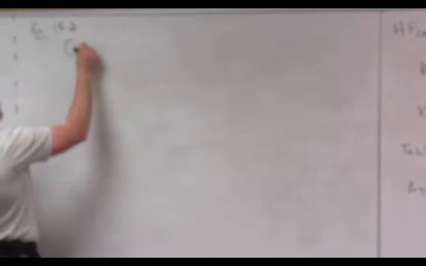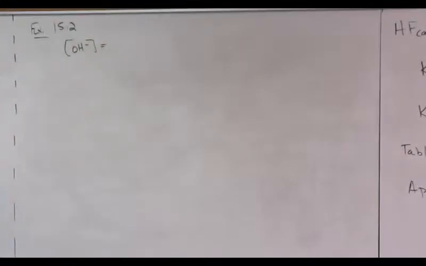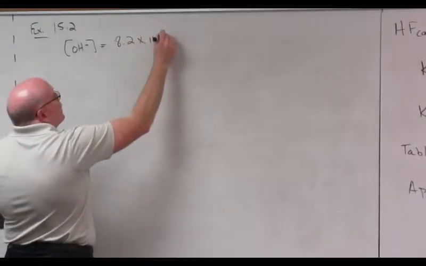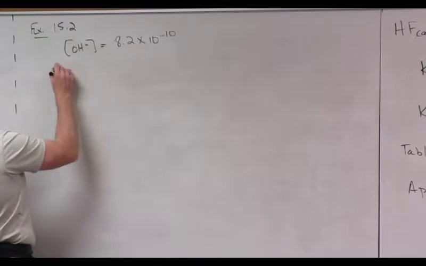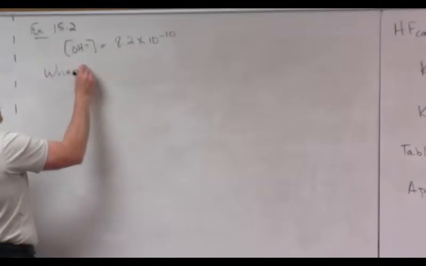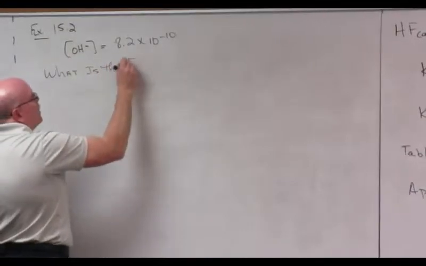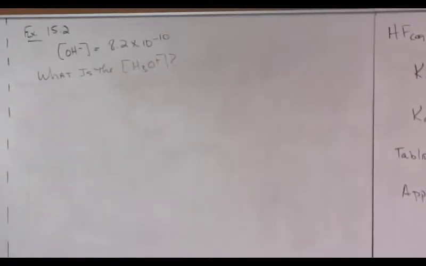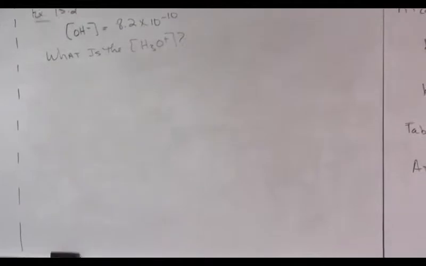They tell us in 15.2 the hydroxide concentration is 8.2 times 10 to the minus 10, and they want to know what is the acid concentration. So again, this number is going to become important because it's a link.